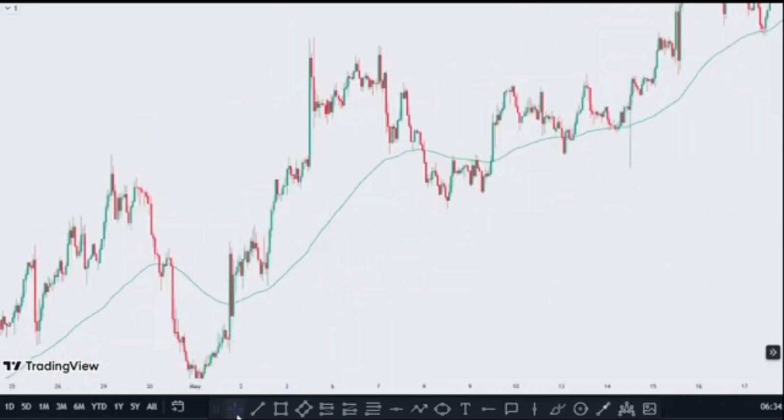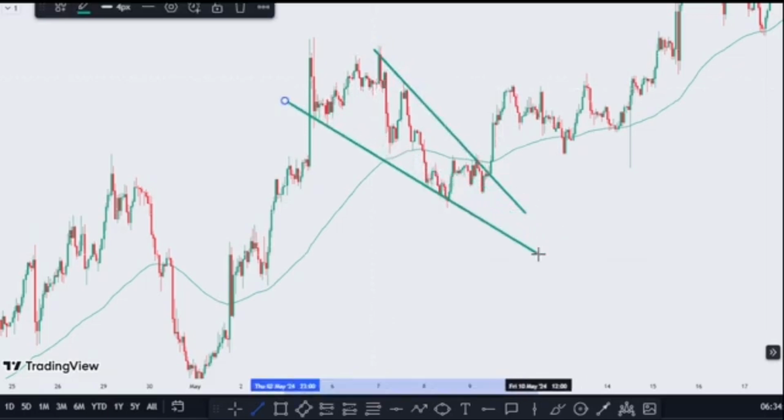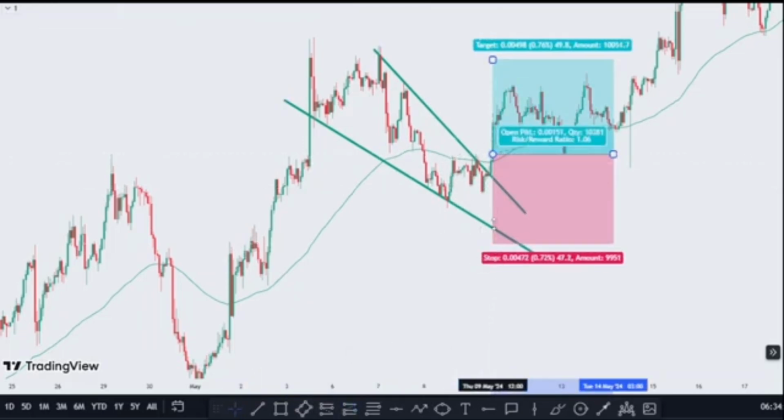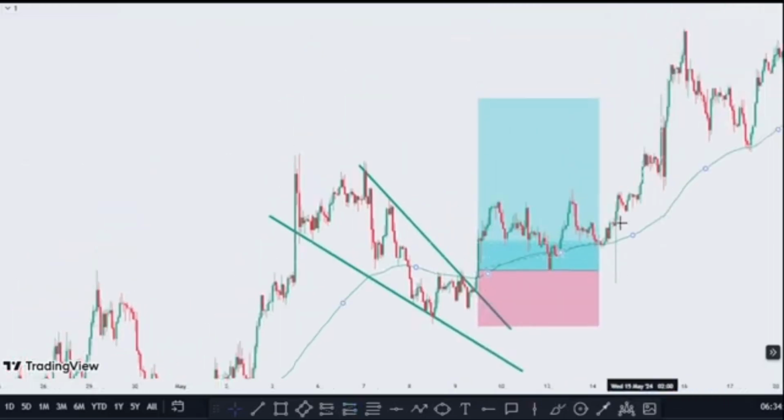Okay, this is another beautiful one. When the price broke out, the price action was still trading below the EMA. So you have to wait for either 30 minutes or 1 hour to close above the EMA. Then you execute.